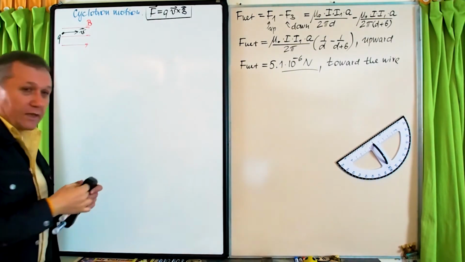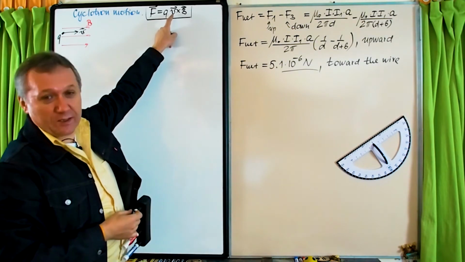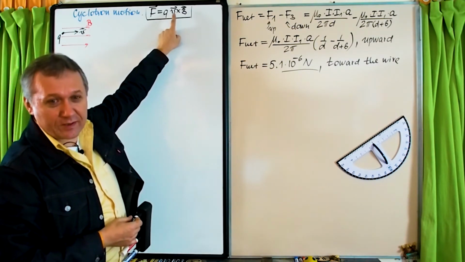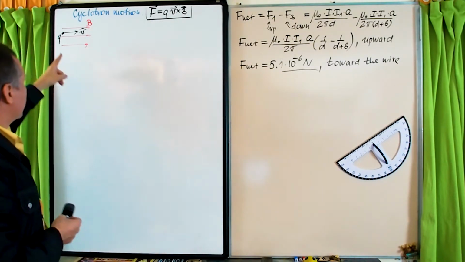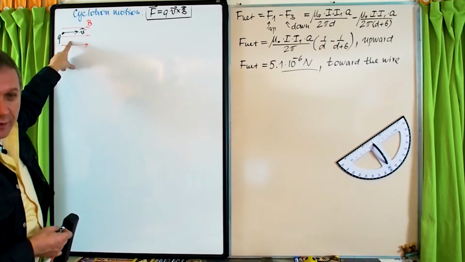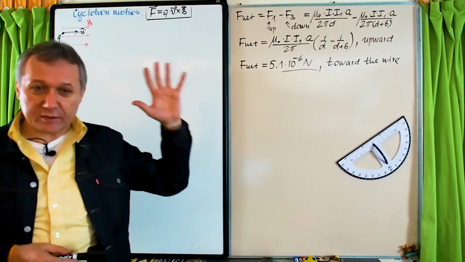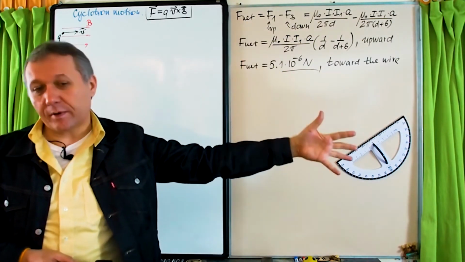In this case, what will be the value of the force? Since V is parallel to B, the angle between them is 0. Sine of 0 degrees is 0, the cross product is 0. In this case, the magnetic force is 0. The particle is not going to experience a force, so it will fly straight with the same velocity forever and ever.